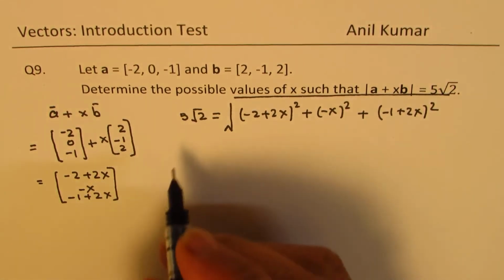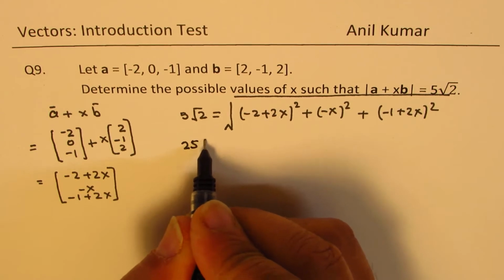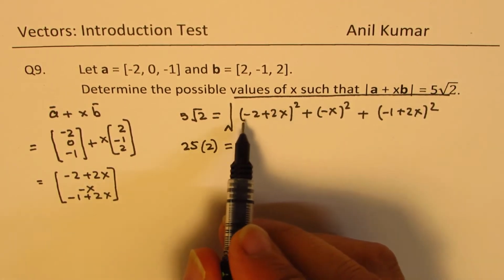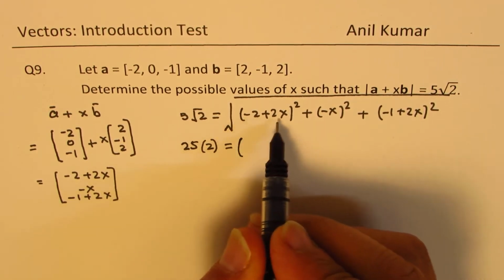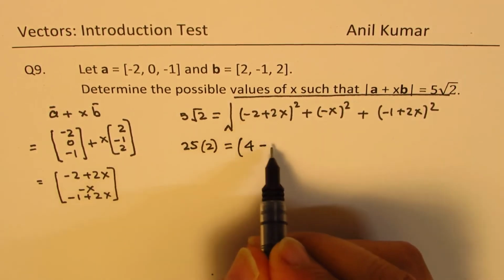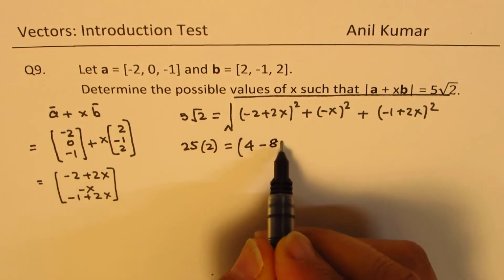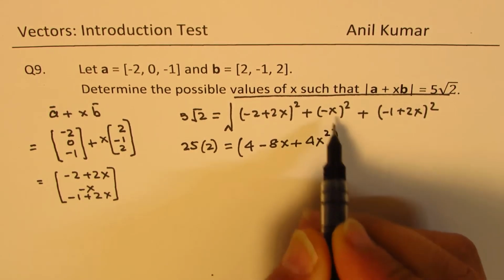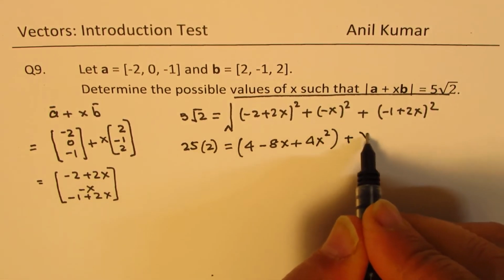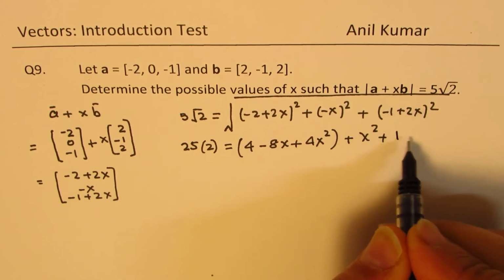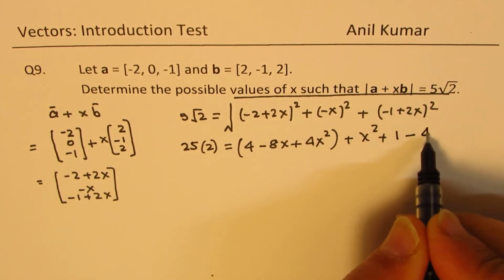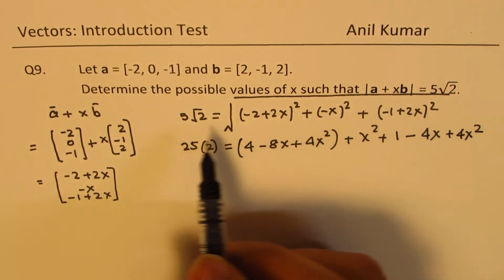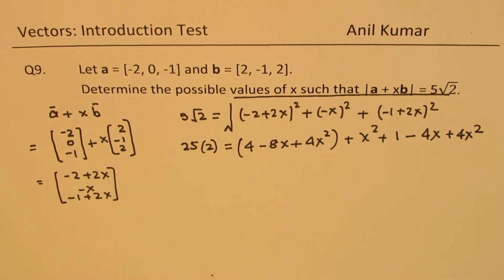That will give us 25 times 2 equals, and we'll expand this. In the bracket we get 4 minus 2ab, so 8x, plus the square of 2x, which is 4x squared. Here we get x squared, and then we have 1 minus 2ab, that is 4x, plus the square of 2x, which is 4x squared. So we have squared both sides, removing this square root.